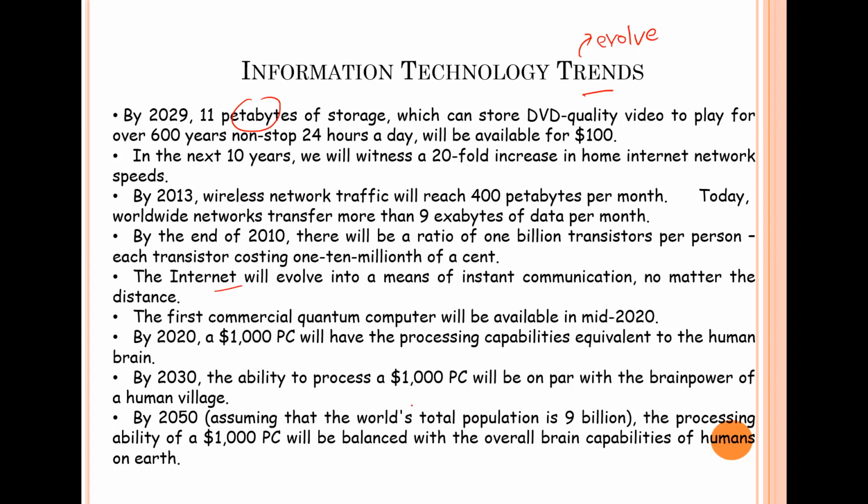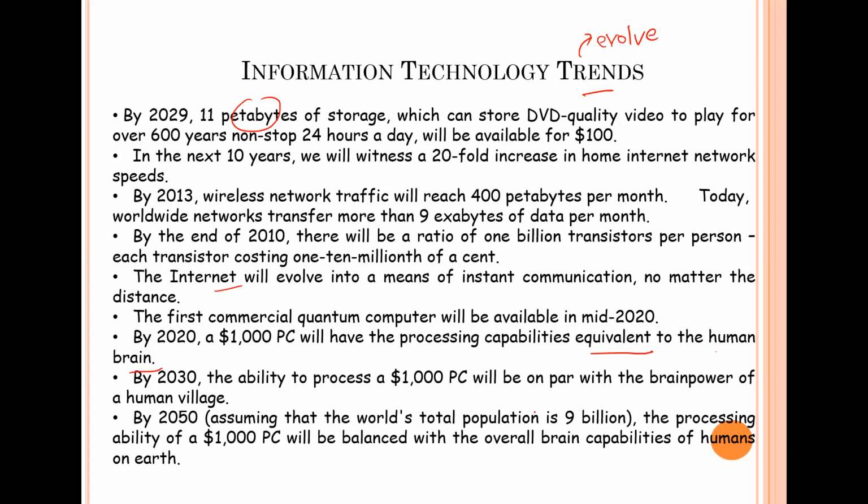And then we've got here 2050. Oh, sorry. So by 2022, there is a PC with capabilities equivalent to the human brain.